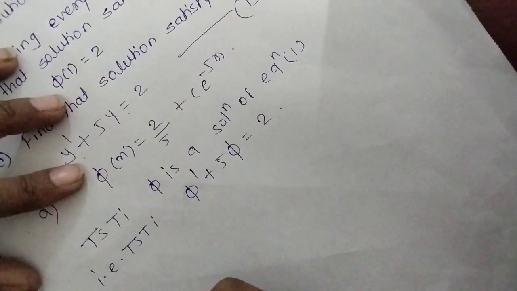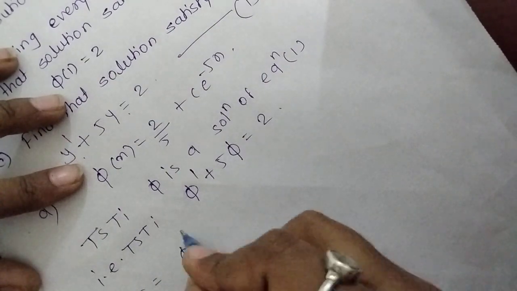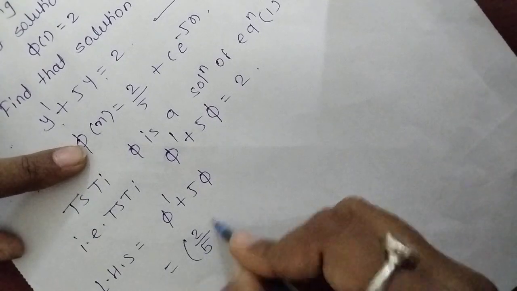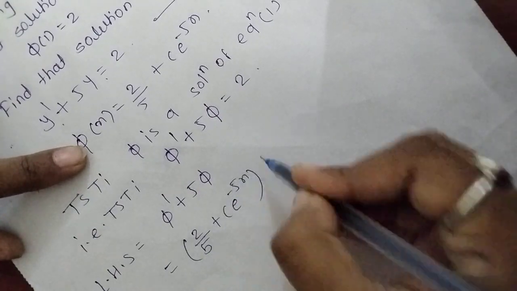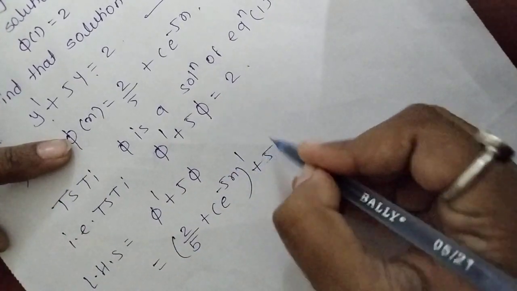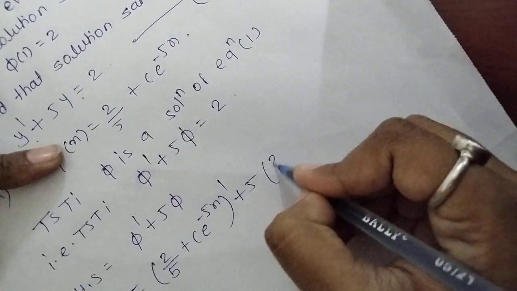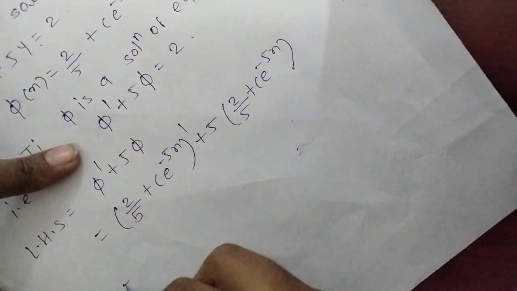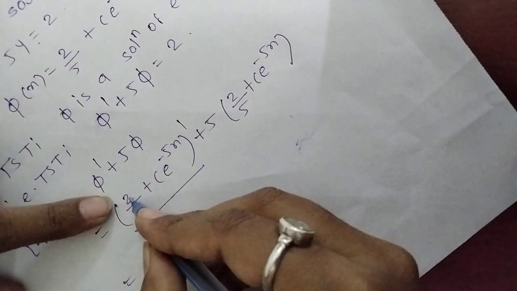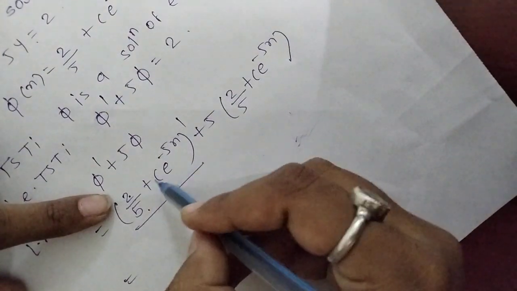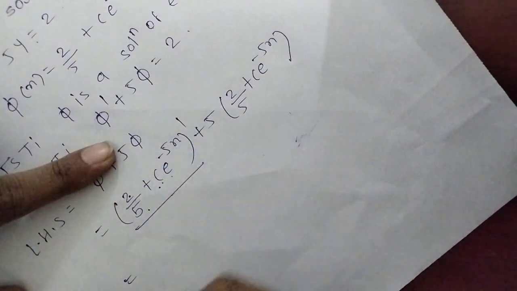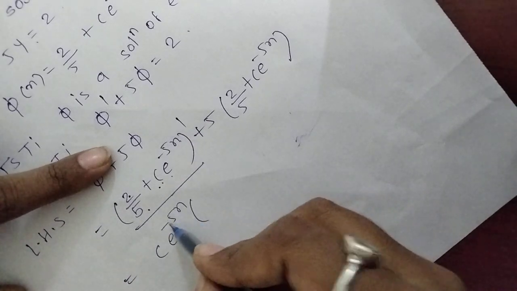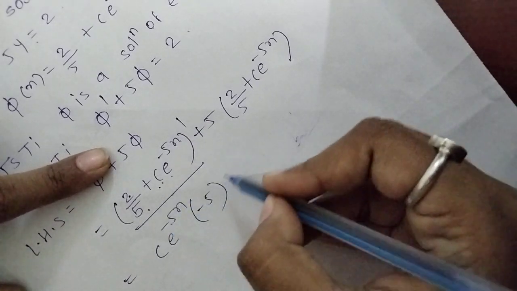Take the left hand side: LHS is phi dash plus 5 phi. Phi is 2 upon 5 plus c e raised to minus 5x, take the derivative, plus 5 into phi, which is 2 upon 5 plus c e raised to minus 5x. The derivative of 2 upon 5 is 0. The derivative of c into e raised to minus 5x is c into e raised to minus 5x into the derivative of minus 5x, minus 5.